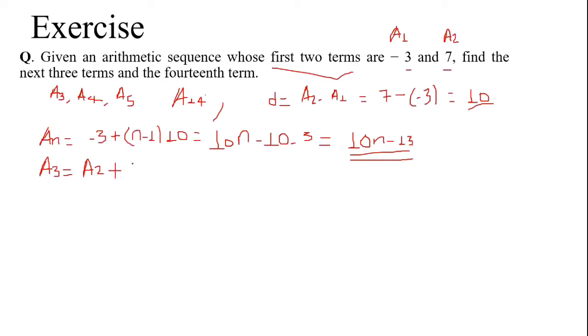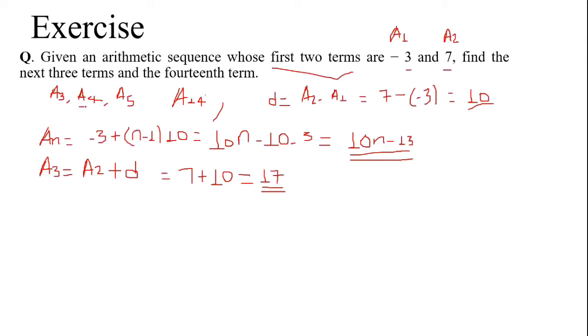So it is already given as 7, so this can be calculated as 7 plus D, it is 10, so 7 plus 10 will be what? 17. So the third term is obtained as 17. So we can also add 10 here to find or to obtain the fourth term and continue.